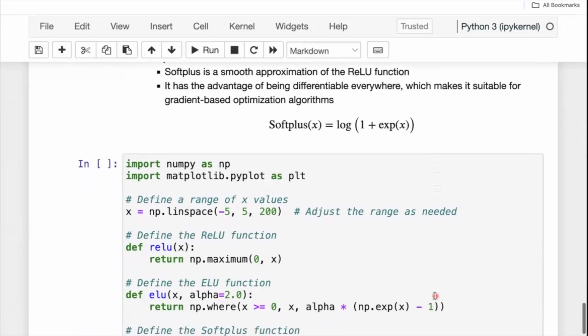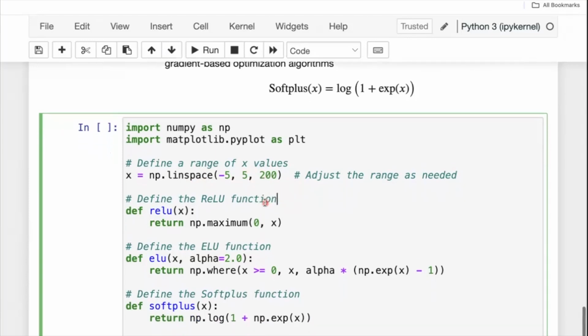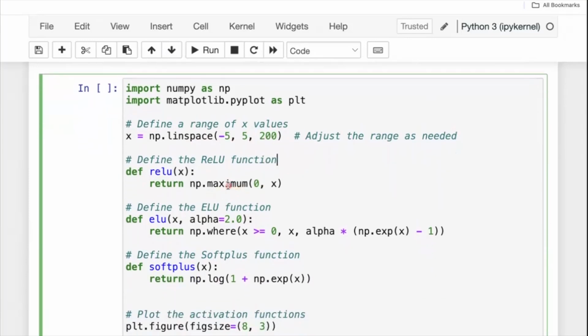So that's something kind of interesting. Let's say our inputs are from -5 to 5, and we have 200 equally spaced points. For ReLU, we define this function, which is the max of 0 and the input x.